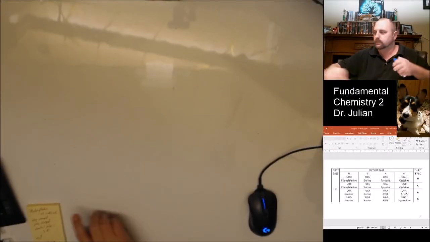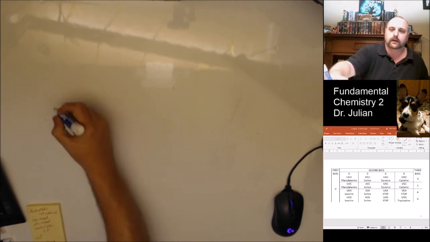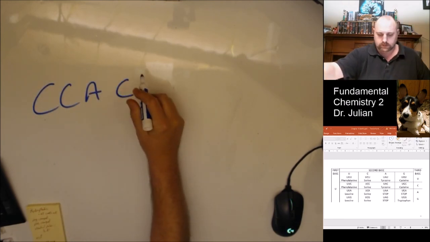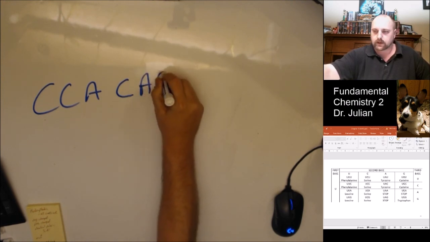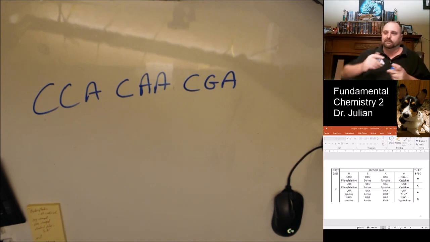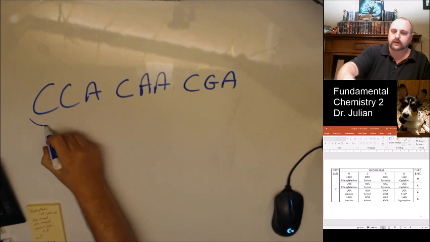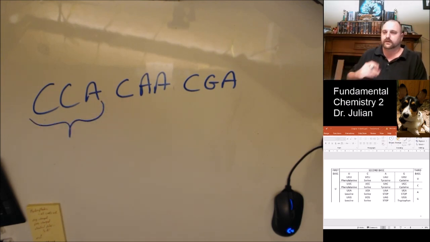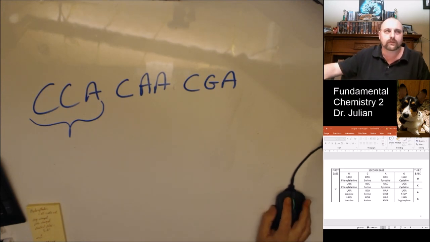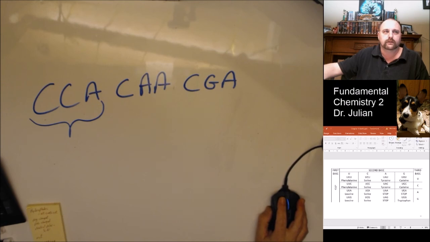So for instance, I might pop up something like C, C, A, C, A, C, G, A. And the key to this is it's 3. So you find 3. The first base, you'll find on your list.